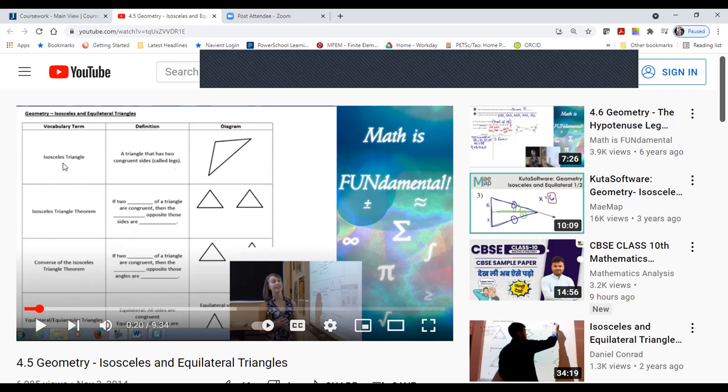So we have the isosceles triangle. That means the two sides are equivalent, right?